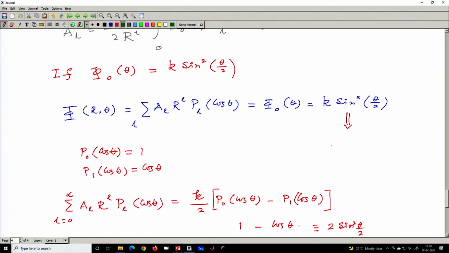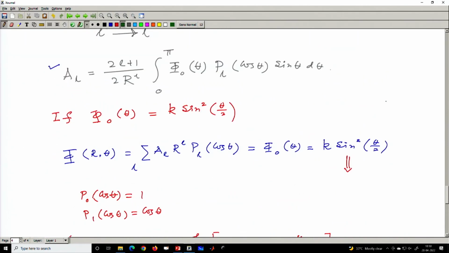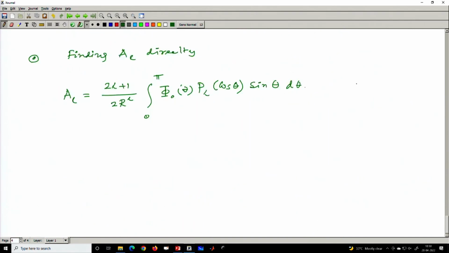This is what we had here. Now the big phi 0 of theta in explicit form is given: it is k by 2 times 1 minus cos theta, that is k multiplied by sin squared theta. So, that we write in this form.